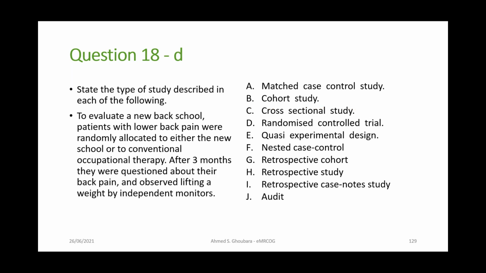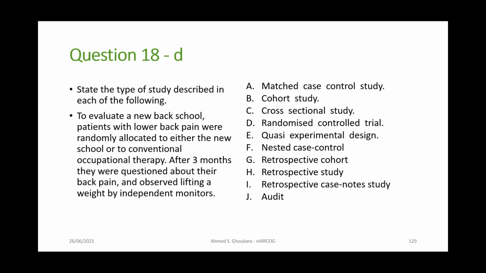Perfect, guys. Okay, evaluating a new back school: patients with lower back pain were randomly allocated to either a new school or conventional occupational therapy. After 3 months, there were questions about the back pain and observed lifting weight by independent monitors.